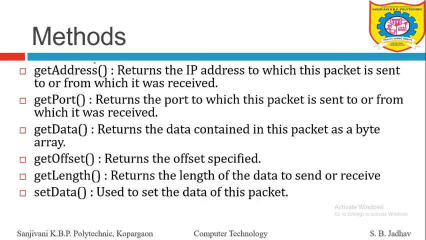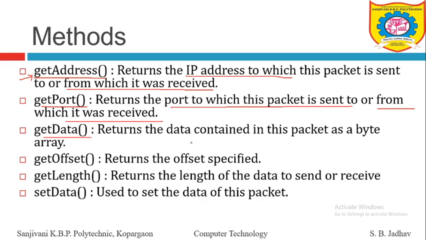Let us see the methods. GetAddress method returns the IP address to which this packet is sent or from which it was received. So this method can be called on the sender side as well as receiver side. Similarly, getPort method returns the port to which this packet is sent or from which the packet is received.